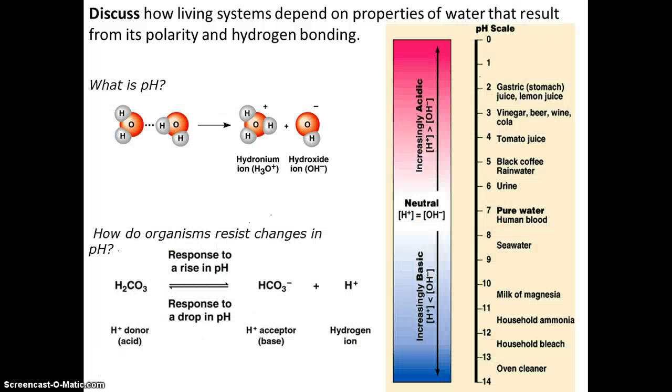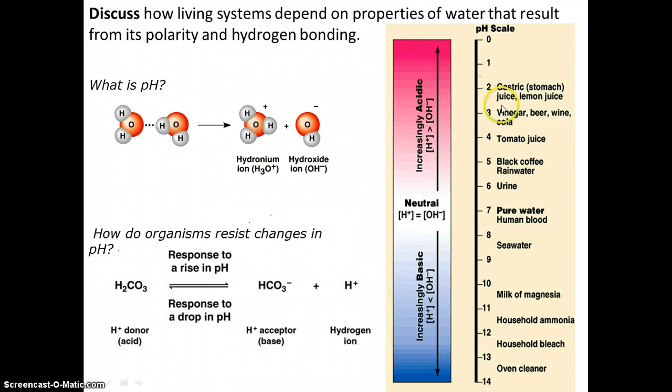Now, due to water properties, we also have something called pH. What is pH? A pH is a measurement of the amount of hydrogen ions in a solution. Water continuously forms hydronium ions and hydroxide ions. You'll also hear the words acid versus base. One definition of an acid is a hydrogen donor, and a base is a hydrogen acceptor.